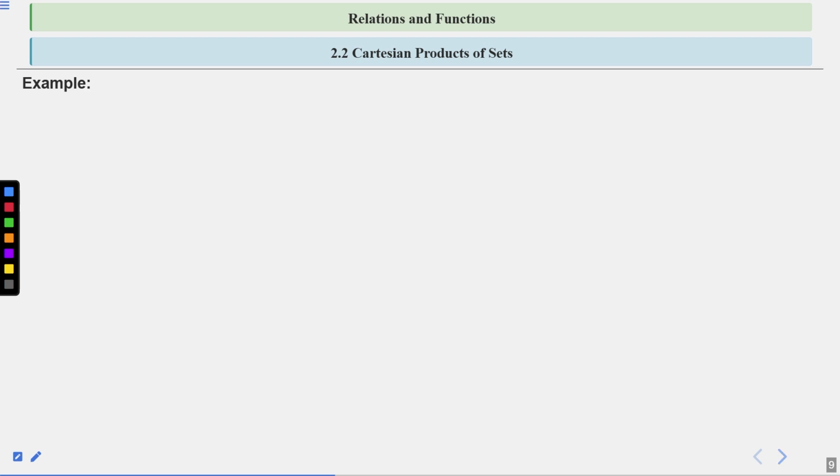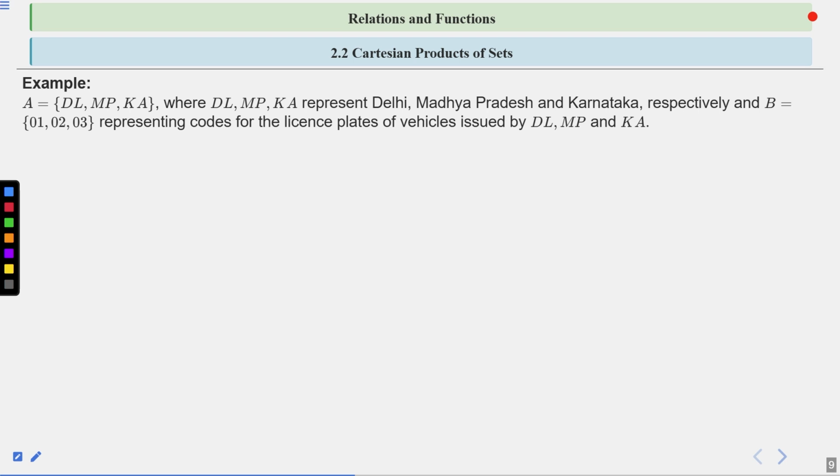Clear? So let's see an example. You have a set A with three elements DL, MP, KA, where DL represents the Delhi state, MP represents Madhya Pradesh and KA represents the Karnataka state.